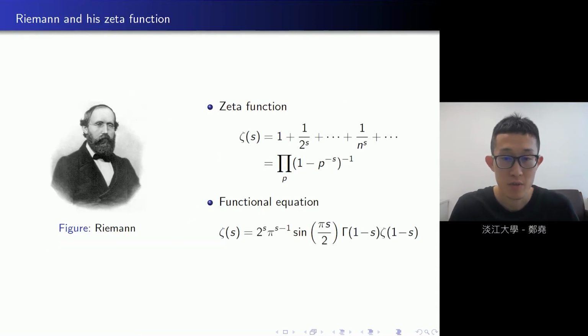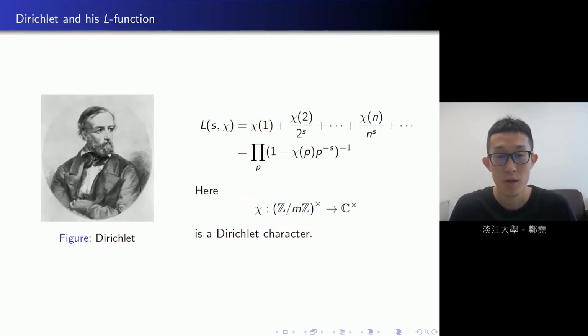Now, I guess the famous example is the Riemann zeta function. And as you can see, the functional equation relates s to 1 minus s. And in a slightly more general situation, we have the Dirichlet L-functions, which recover the Riemann zeta function when m equals 1.